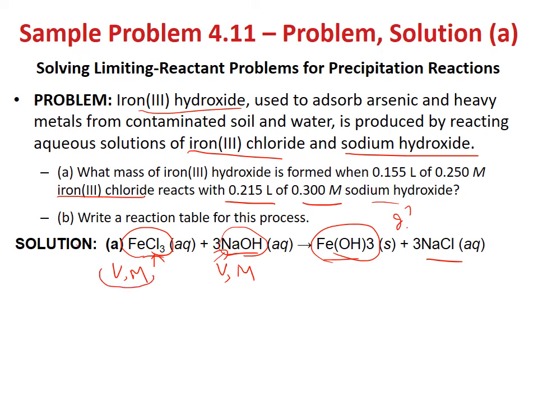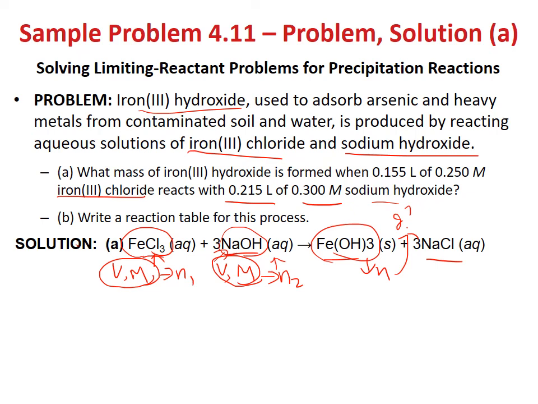Using volume and molarity, you change to moles of iron chloride, and the same for moles of sodium hydroxide. From stoichiometry, we use moles of reactants to find the moles of the product, and then from moles of product, we go to the grams of the product. So let's determine the limiting reactant.